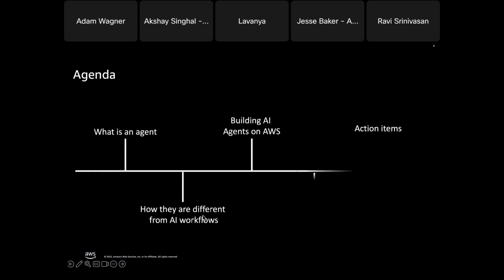We'll spend a few minutes talking about what an AI agent is, and how they're different from some other ways to use AI, in particular AI workflows. Then we'll get into the specifics of building AI agents on AWS, and some things to consider and action items for next steps.